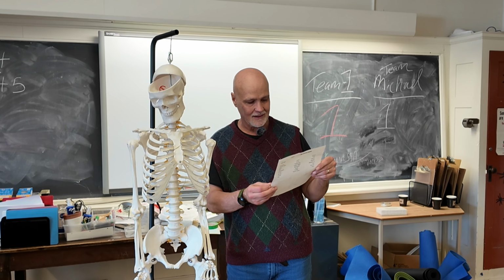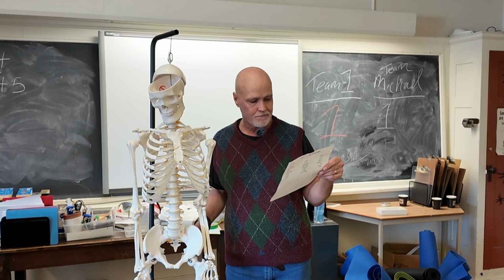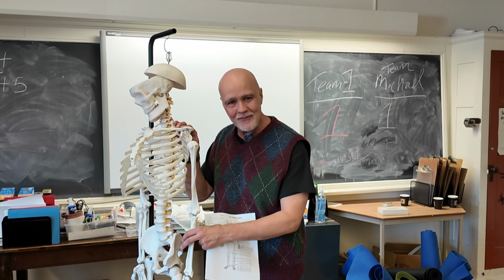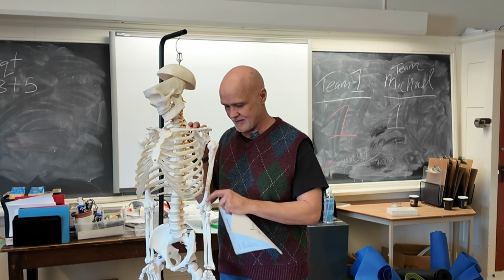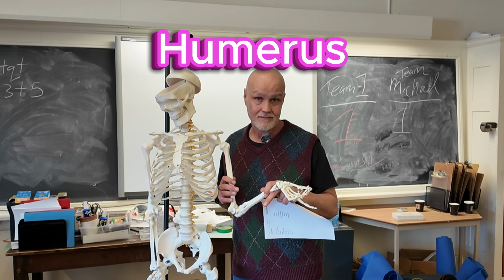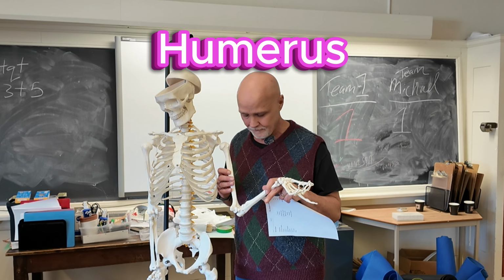And let's talk a little bit about the funniest bone in the body. It's the funny bone. And it's called the funny bone for two reasons. One, its name is the humerus. So you'll find the humerus in there.